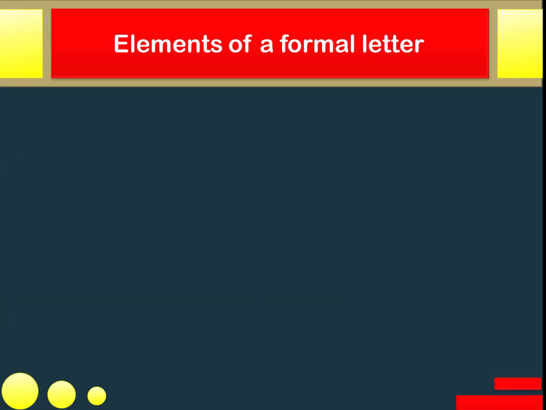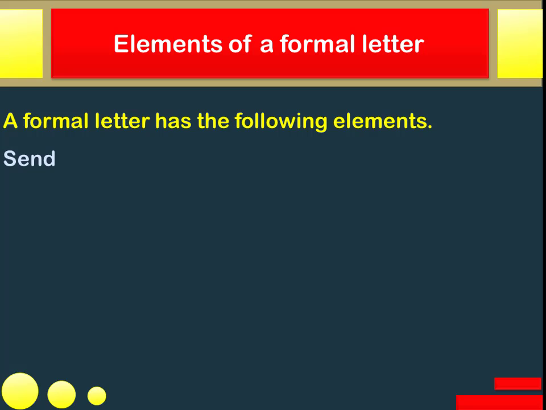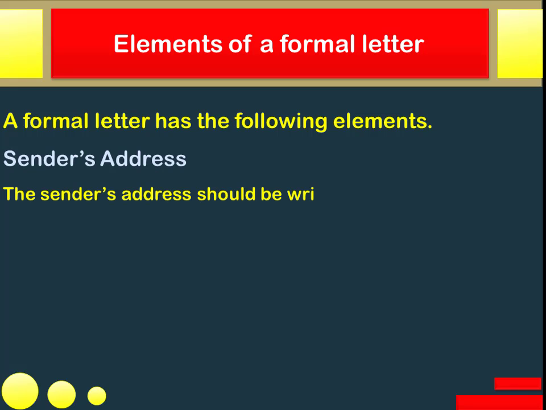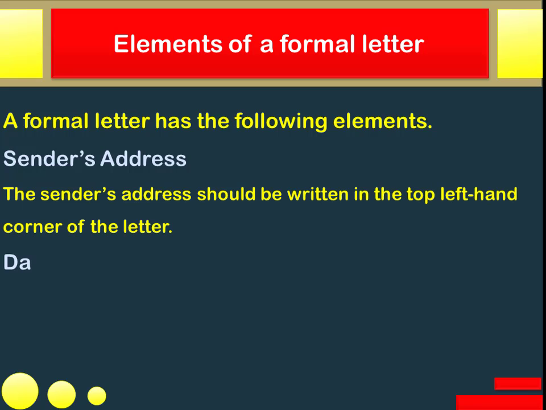We'll proceed further. Now we are going to learn about the elements of a formal letter. What are the elements or parts of the formal letter? A formal letter has the following elements. First is the sender's address. The sender's address should be written in the top left hand corner of the letter, and then the date.